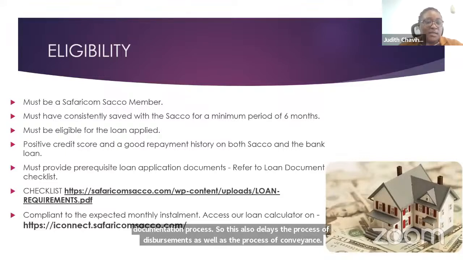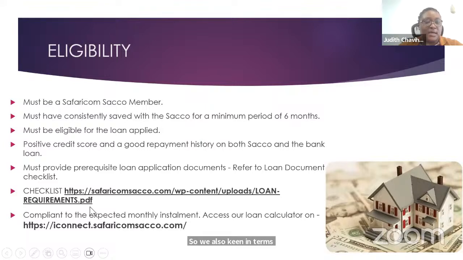So we're also keen in terms of the checklists. We also have a link to the checklist, which is also available on our website. In terms of the loan documentation checklist, what are the documents that you should provide as you come for the loan? For you to be eligible, there are documents that we require for compliance before we proceed with the loan.